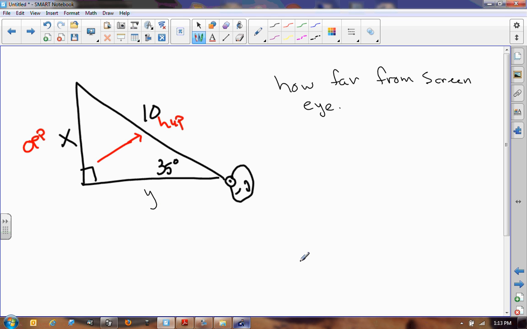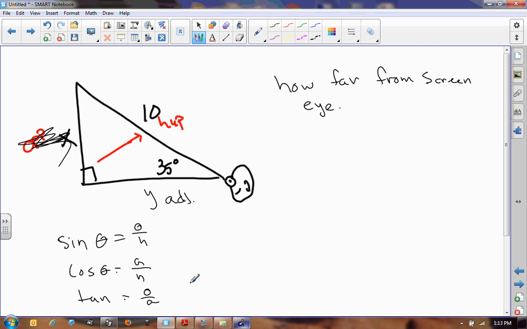All right, so same thing. Let's identify. We don't know this. That's still the opposite side. Now I have the adjacent side I have to work with. So then you ask yourself, is it a sine of an angle? Is it cosine of an angle? Or is it tangent of an angle?